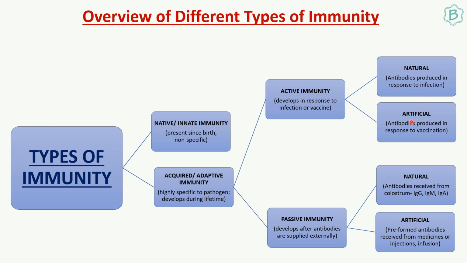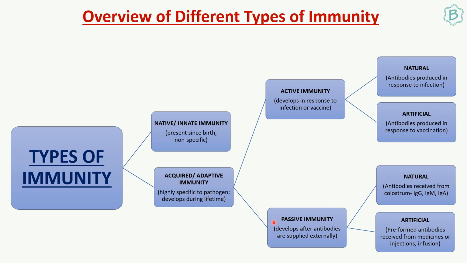And in artificial active immunity, vaccines are being given to you. This vaccine could contain a dead virus or an inactivated or attenuated virus, which is injected into your blood. Once it is in your blood, the immune system would recognize it as a foreign particle, and then antibodies are produced against it.